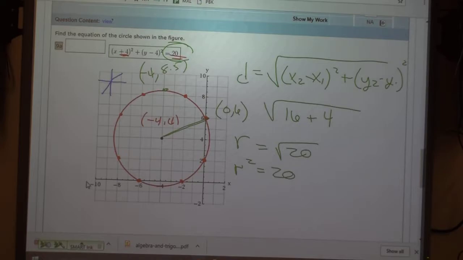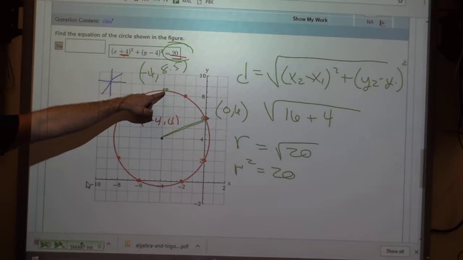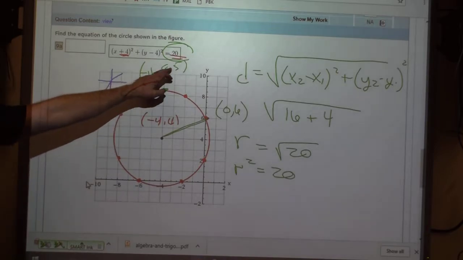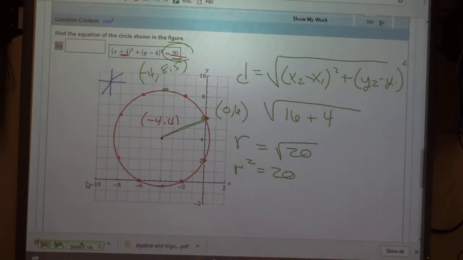But what that tells me, because they're not the same, is that this point here really wasn't negative 4, comma 8.5. Does that make sense to everybody? And we could quickly do that on GeoGebra and actually ask it what that point is, and we'll see that it's not 8.5. Last class had the same question, so that's a good way to talk about that.